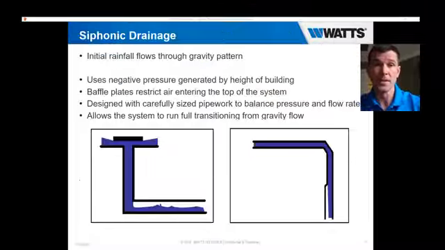So from siphonic roof drainage, the initial rain flow basically flows the exact same as a gravity system. When you have minor flow, a little flow coming through, it's acting as a gravity system going through the piping and down to drain.